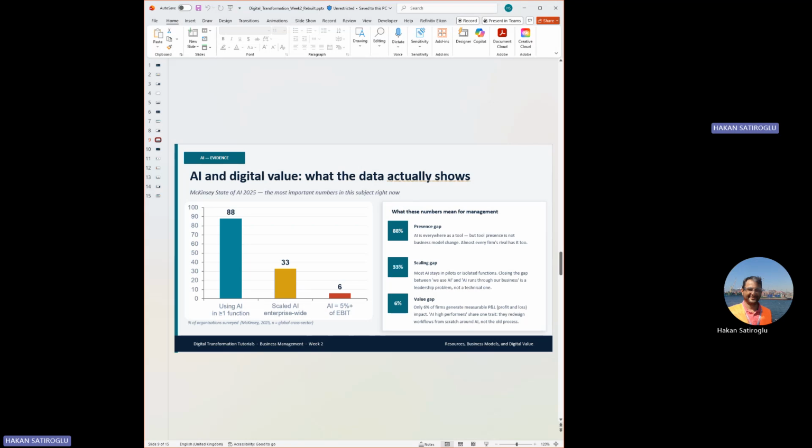In late 2025 survey coverage, 88% of respondents said their organization uses AI in at least one function, while only a small higher performer group, about 6%, reported at least 5% EBIT impact from AI.